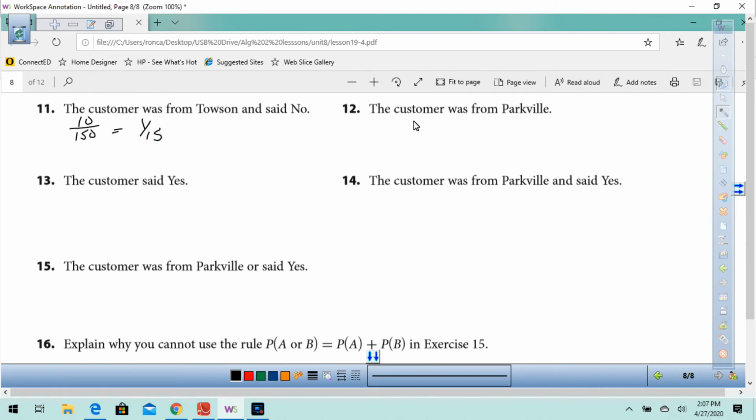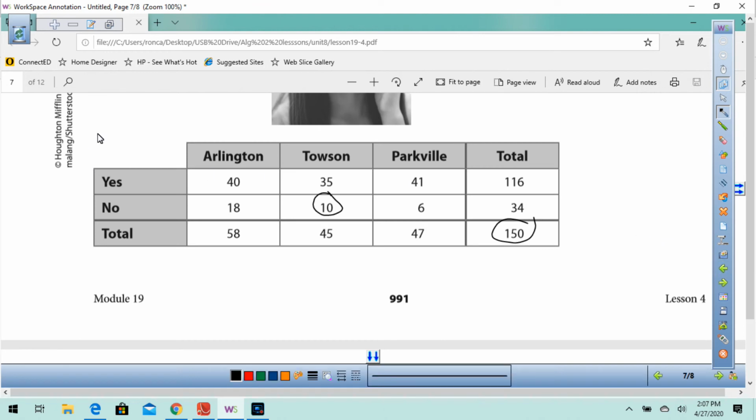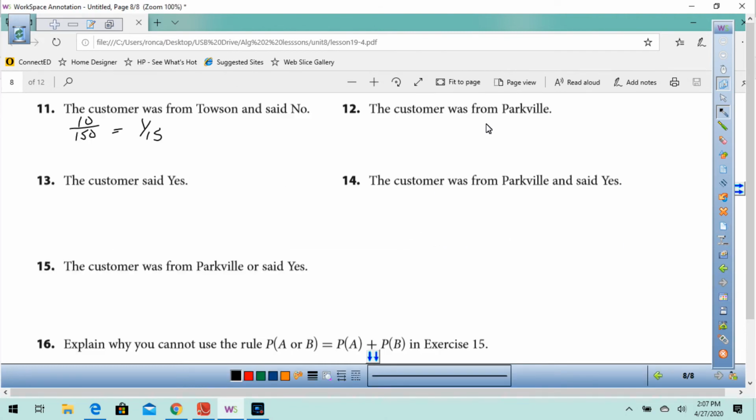Number 12, the customer was from Parkville. And no other qualification, just from Parkville, we got 47. So here we're going to have 47 over 150. I don't think that reduces. Number 13, the customer said yes.